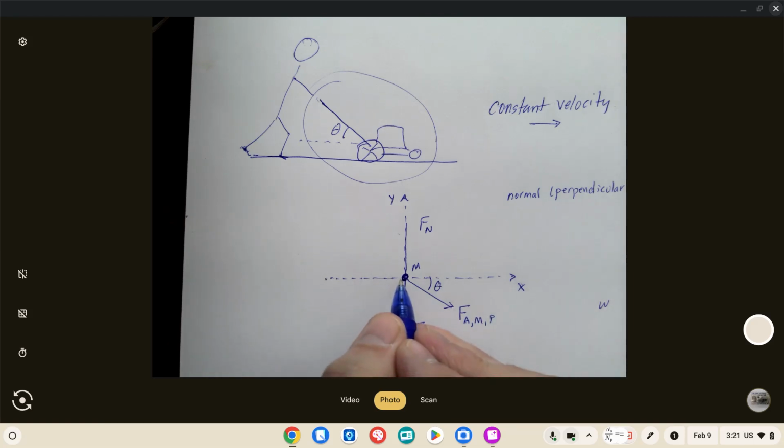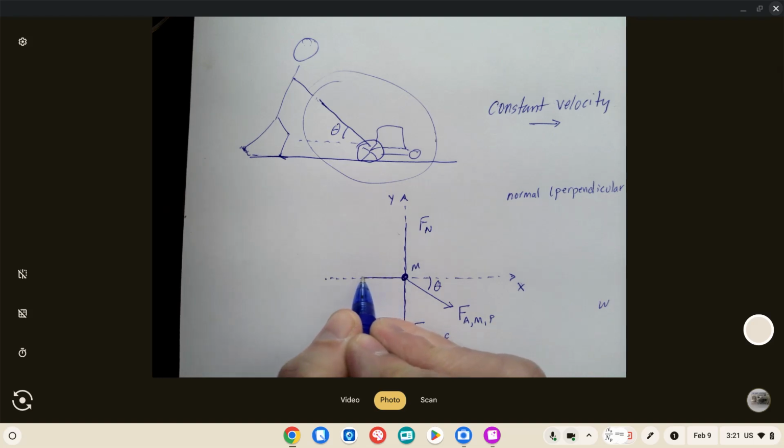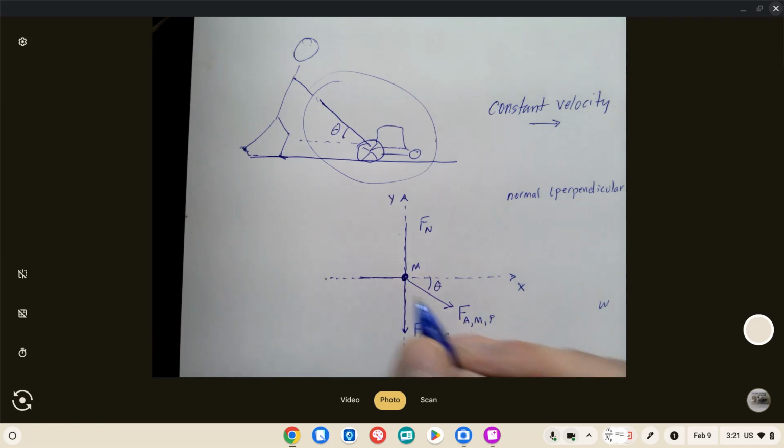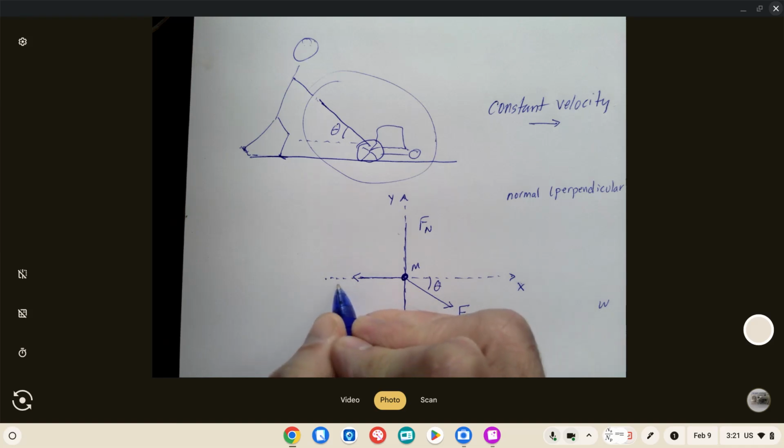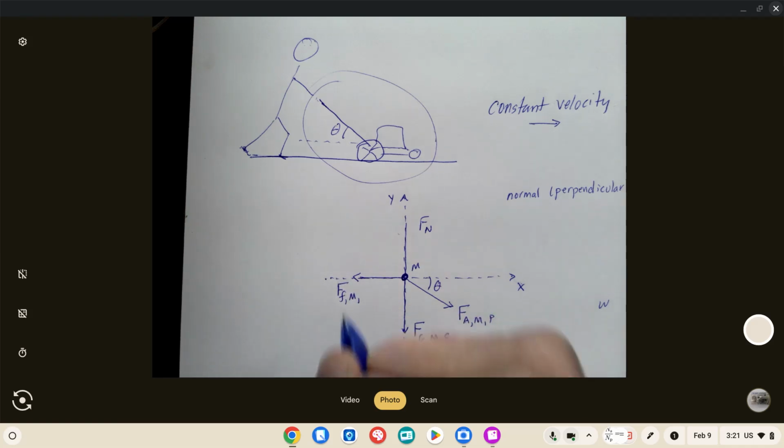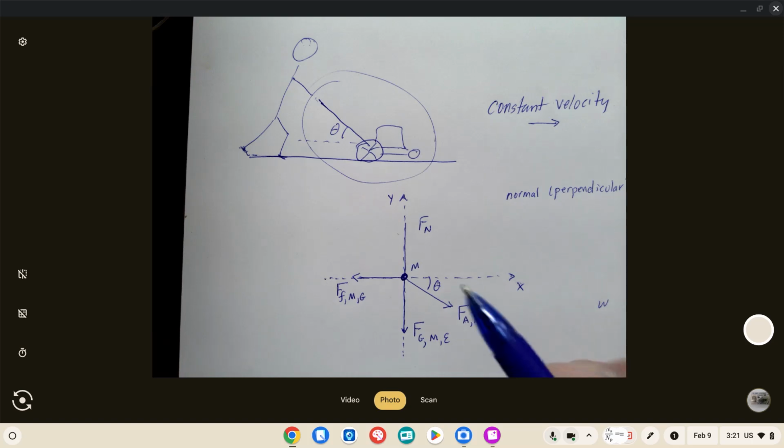There has to be a force this way, or it would be accelerating to the right. Well, there's going to be some friction or drag or something on that thing, probably more friction than anything. So I'm going to call this the force of friction on the mower by the ground and the grass and everything else touching it. Now, think about anything else.